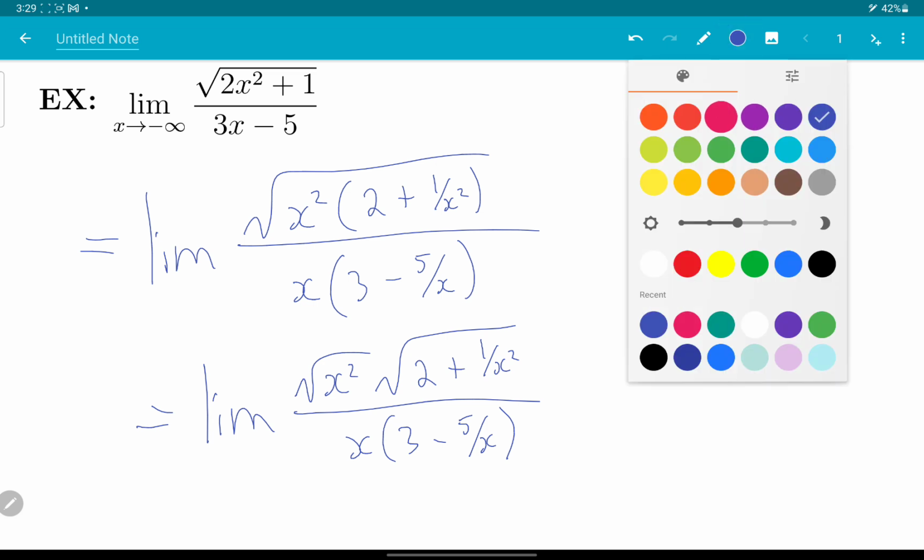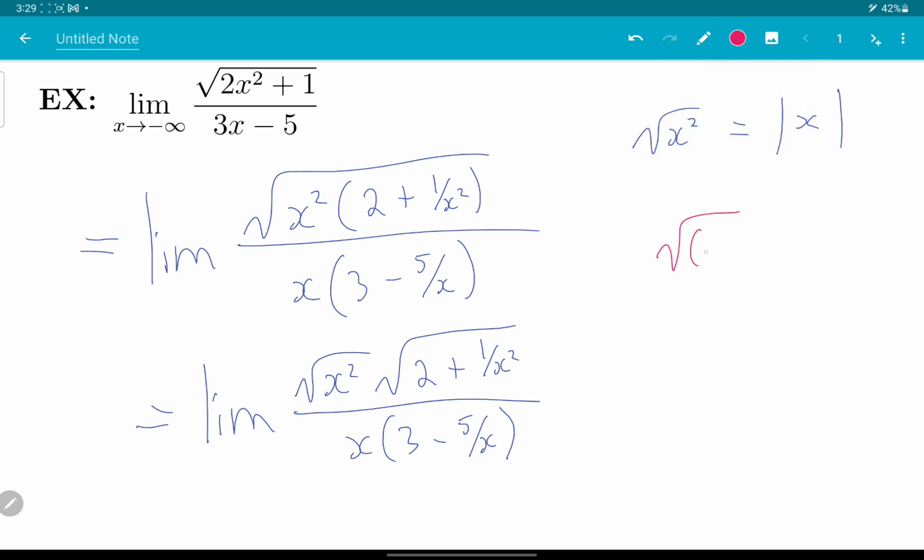Don't believe me? Check this out. Square root of negative 3 squared gives me square root of 9, which is 3. See what I mean? Minus 3 becomes plus 3. So hopefully you're convinced of this.